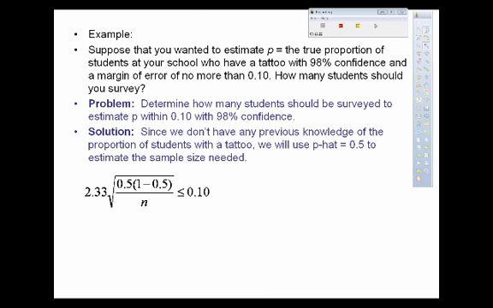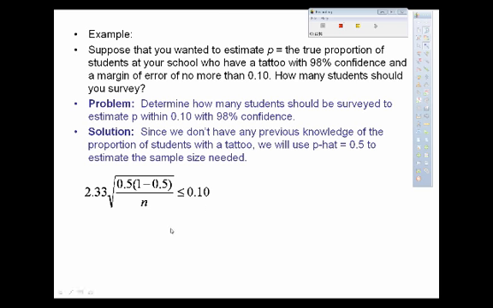All right, here's our formula. Now, they showed it in the book a little bit different. I just worked it out mathematically and divided both sides by 2.33 and squared them. And then I moved the n over here by multiplication and then divided this whole thing by 0.10 divided by 2.33, quantity squared.